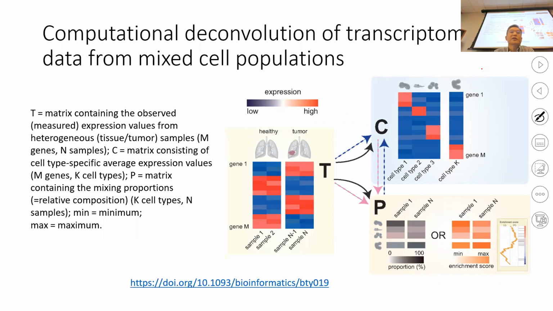And then people start to use this factorization, and here it's called computational deconvolution, but it is a decomposition method. So here the application is that you have input data, a matrix containing the measured expression level from heterogeneous samples.